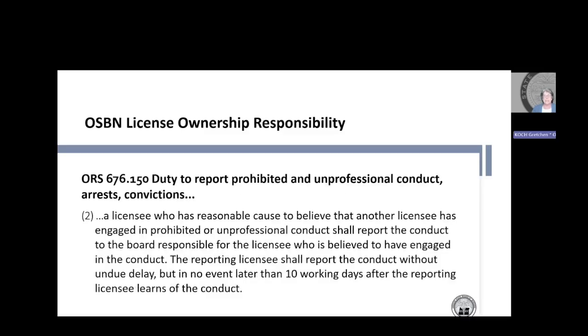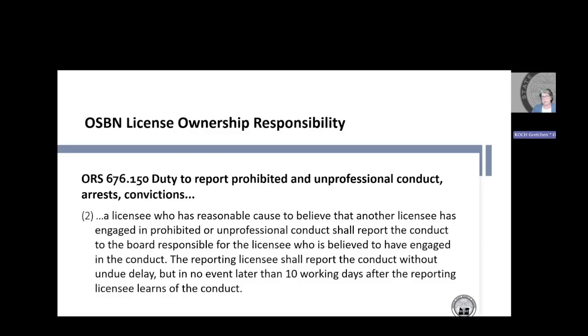This brings us to the Chapter 676.150 statute cited in the NPA's duty to report statute. This statute is located outside the NPA for good reason, and that is because it applies to the licensees of 24 different licensing boards. For example, of course, the Board of Nursing, but also Oregon Medical Board, Dental Board, Social Work Board, Veterinary Medical Examining Board, and even the Mortuary and Cemetery Board.